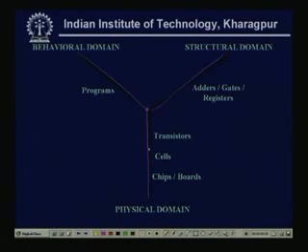There are 3 arms, and this arm is realized by transistors, then cells, and ultimately it comes to the digital chip or the board. This we call the physical domain.